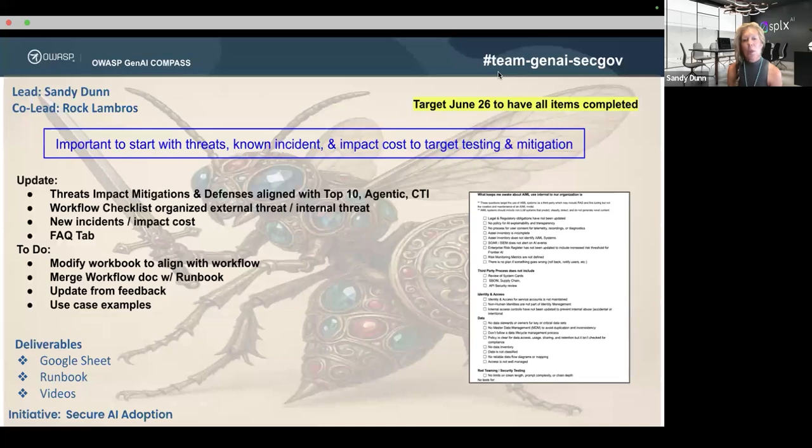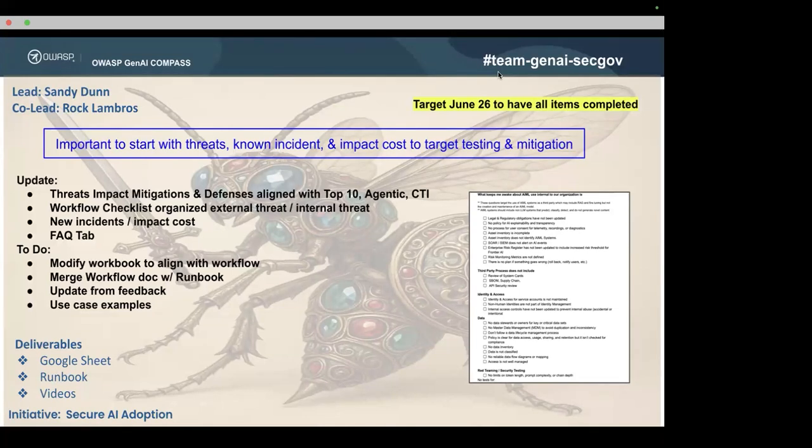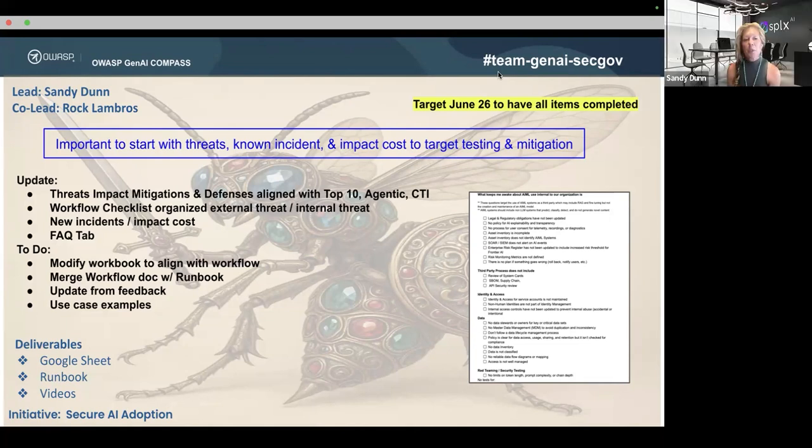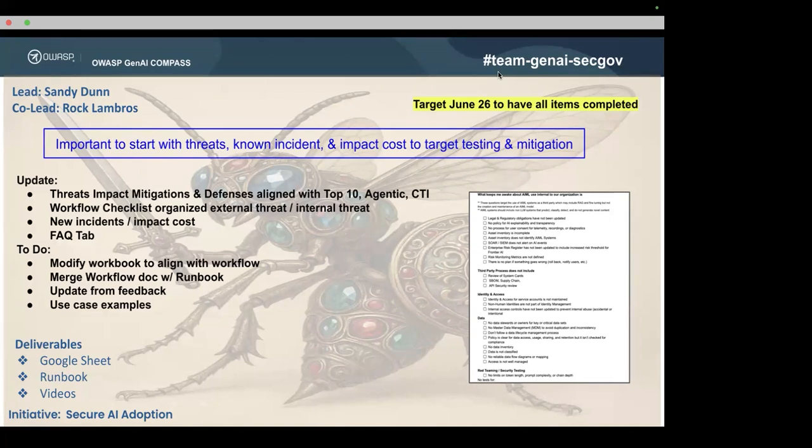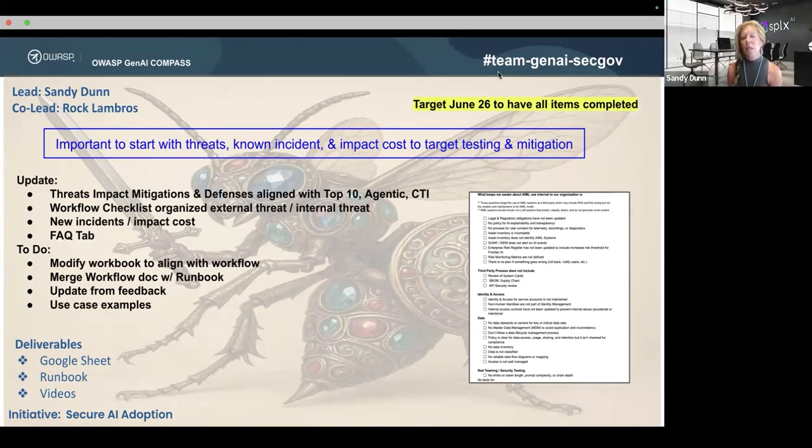It works whether you're a CISO, a red teamer, or a developer. You're able to go to the single worksheet and identify your biggest threats and concerns, then your defenses and mitigations, and coordinate your strategy, testing, and everything around it.